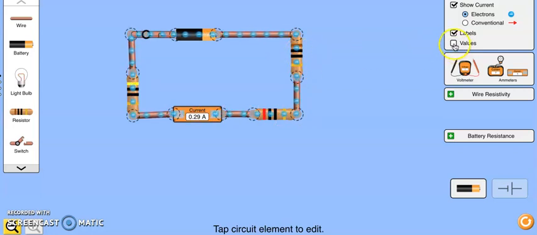In fact, let me show values. So there's a 10, here's a 20, here's a 40 ohm resistor. If the current through the 20 ohm is 0.29, what do we expect about the current through the 10 ohm, and what do we expect about the current through the 40 ohm? All right, so ponder that for a minute.